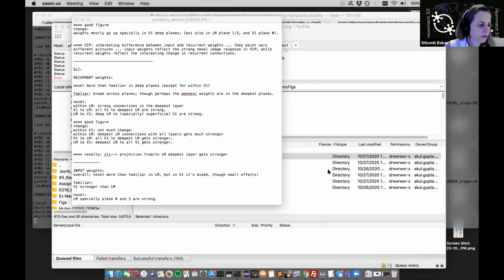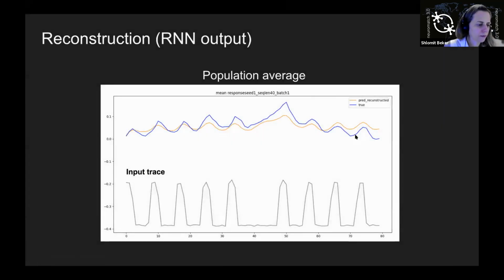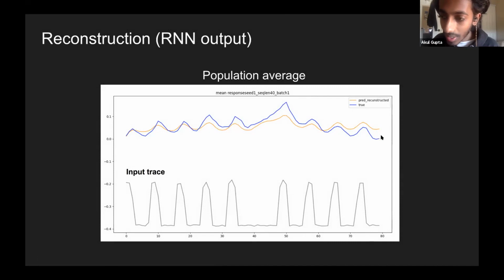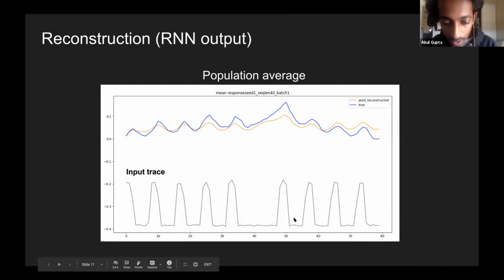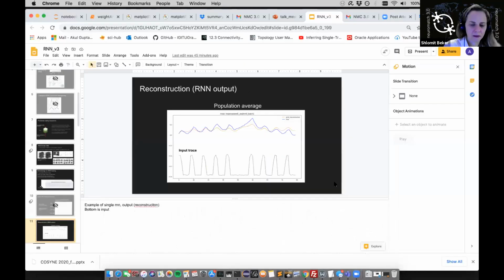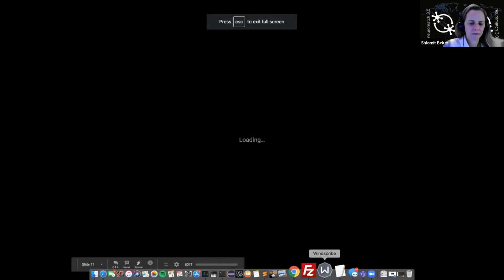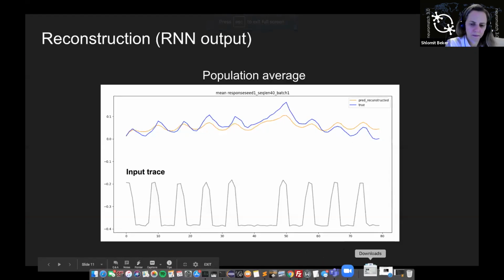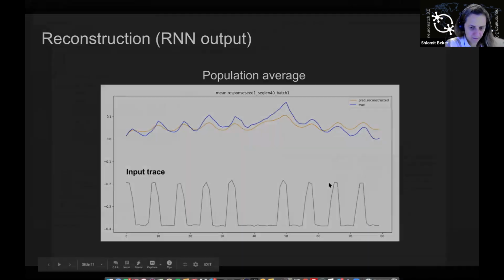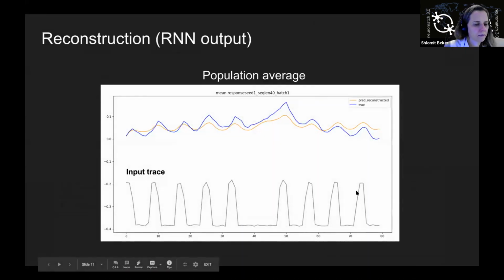Akul, do you have another figure with more than one trial? I don't right at this moment. Okay. Let me see if I should. We still have time, so no pressure.